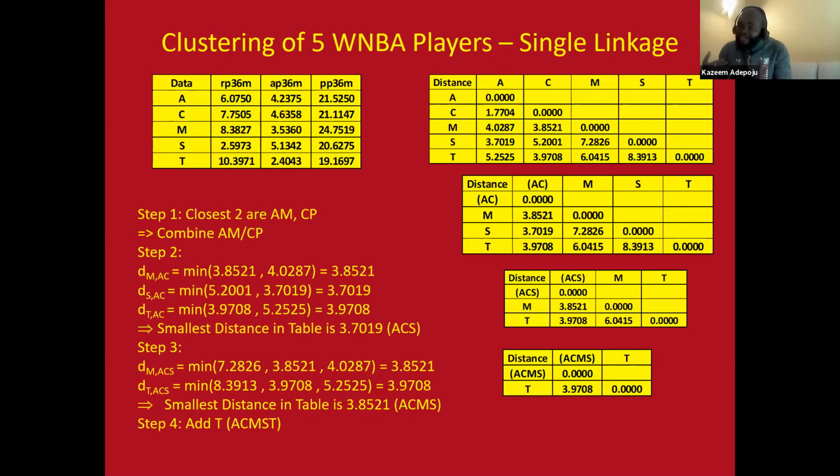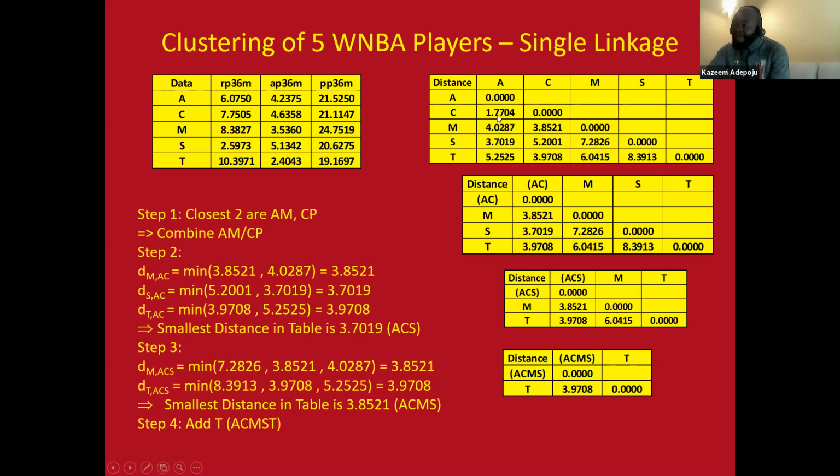You understand what I mean? So you don't count the 0 as a minimum. The minimum among the numbers greater than 0 is going to be 1.7704.